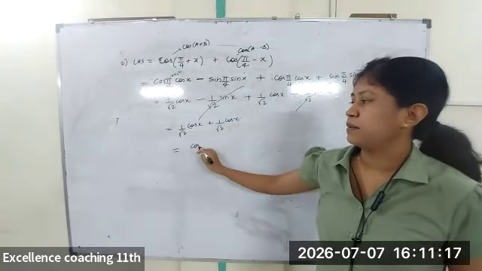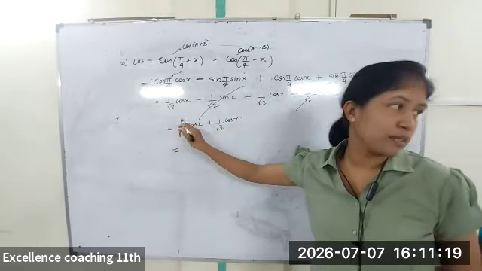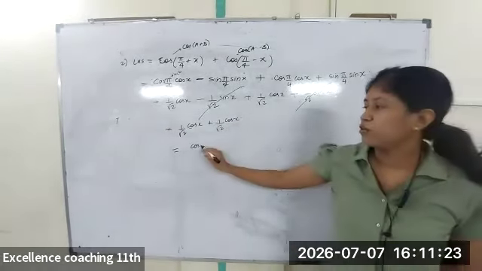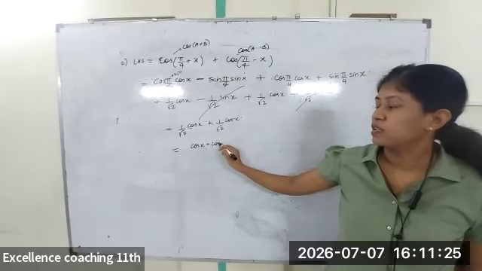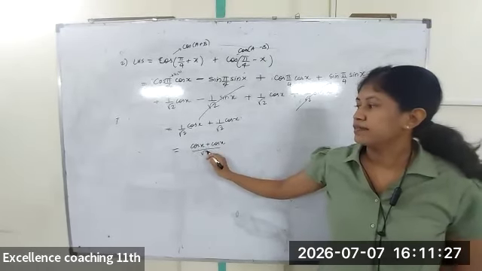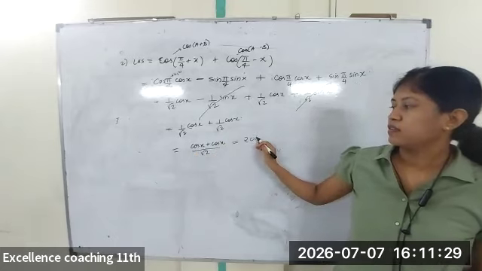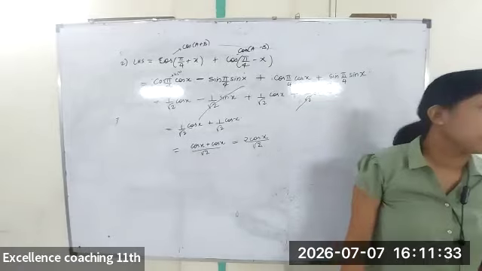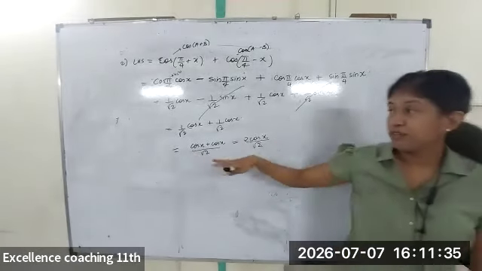So the denominator is the same, or you can directly write 2 times that. x plus x is 2x. Or you could write this way also. Either way, whichever way you want to do.